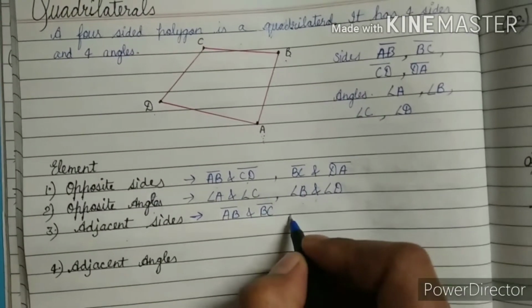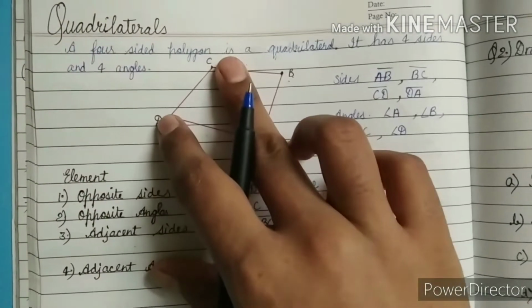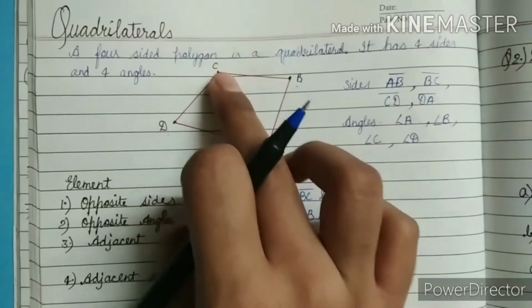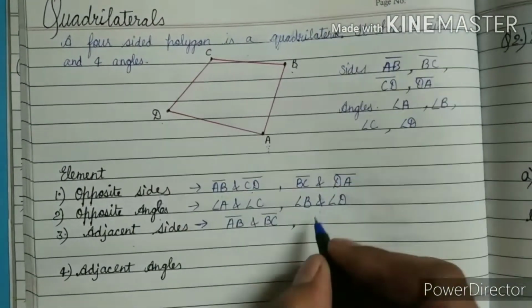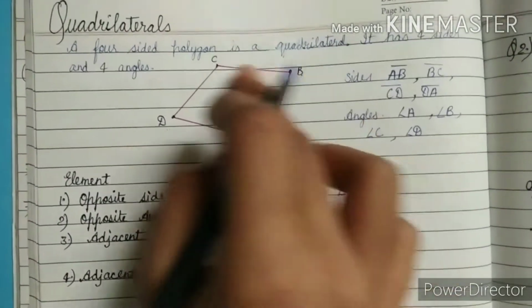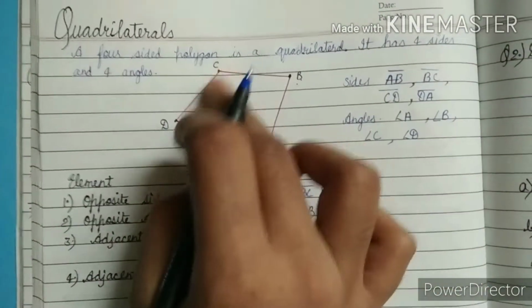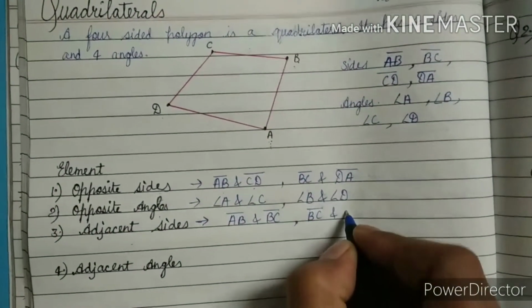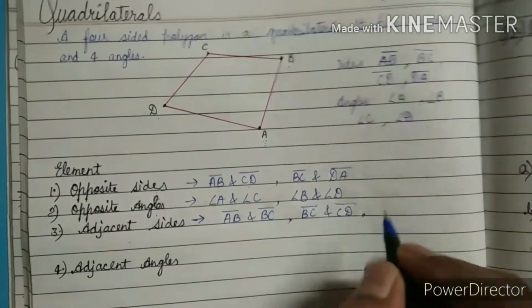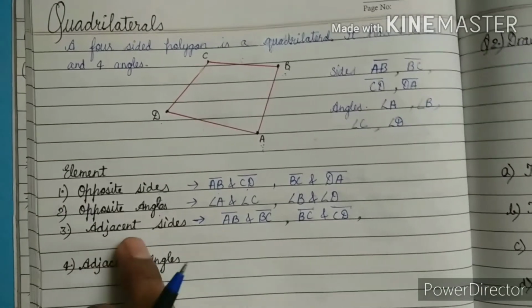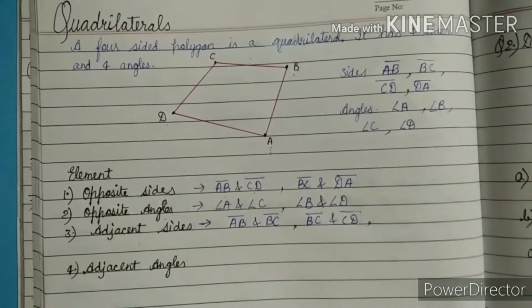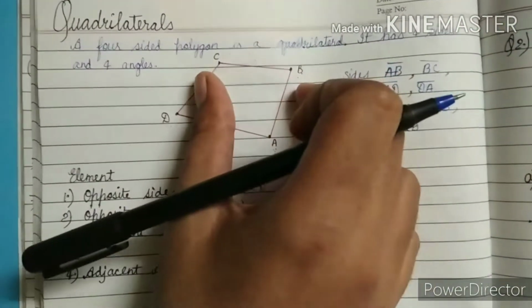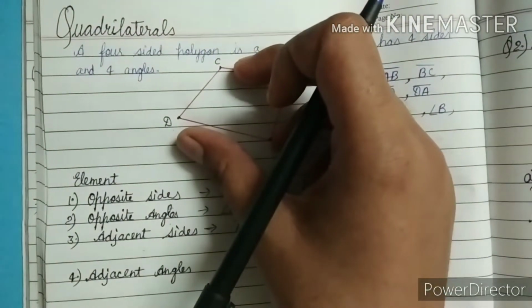Now when you take BC and CD, C is the common vertex. So BC's adjacent side is CD. Adjacent means we can take it as a neighbor. Who is the neighbor of the other? Like AB's neighbor is BC, BC's neighbor is CD.